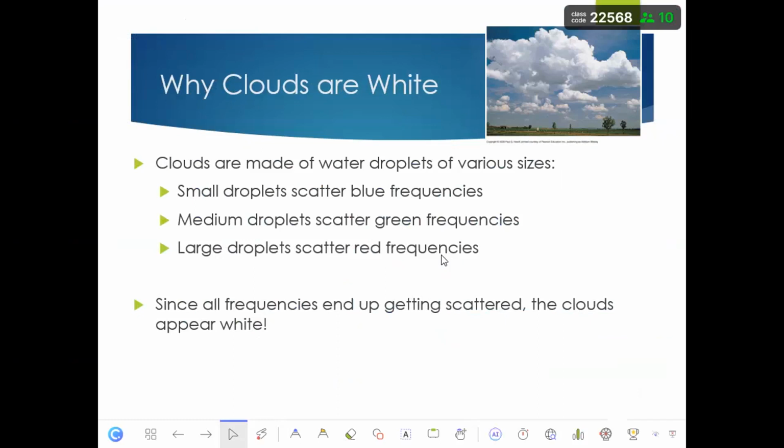The size of the water droplet is important for which color will be scattered. Small is blue, medium is green, and big is red. Because we have a combination of these three, when we add them, we get white. That's why we see the cloud as white.